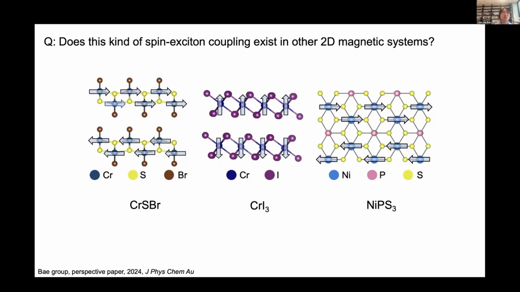Are there other 2D magnetic systems with A-type antiferromagnetic structures that would have this kind of spin exciton coupling? We started asking what property in CrSBr gives us these very nice experimental signatures. This is the work that I started doing in my independent group at Cornell.